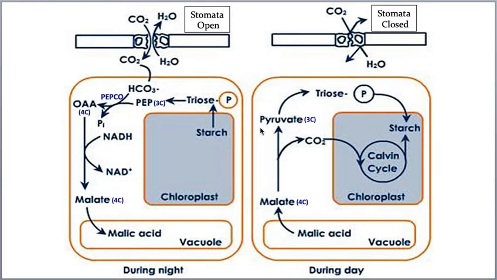Now this pyruvate reconverts into triose phosphate, and again the triose phosphate converts into starch. Now the carbon dioxide which came out from this malic acid enters into the stroma of the chloroplast, and then it participates in the C3 pathway and produces glucose, and again glucose produces starch.